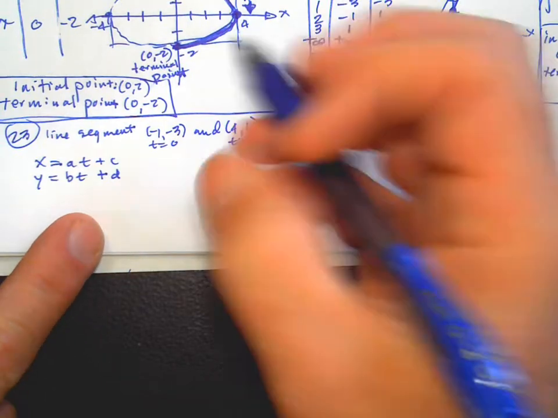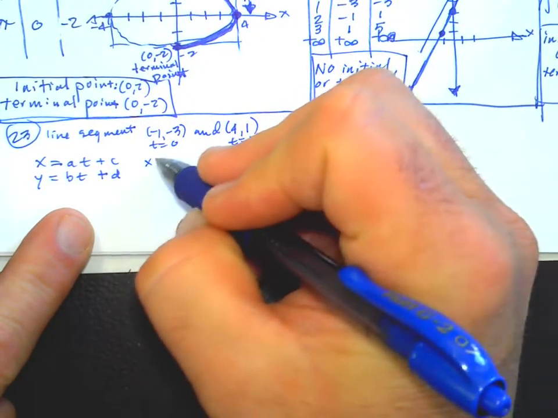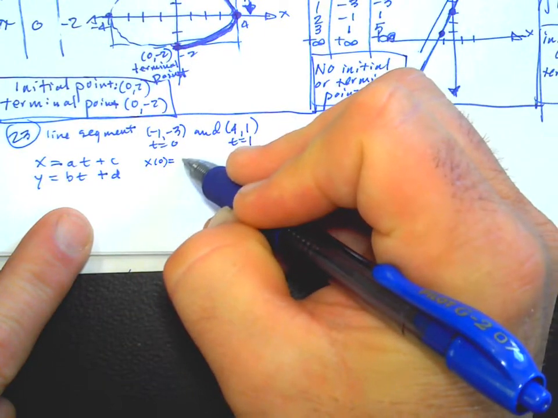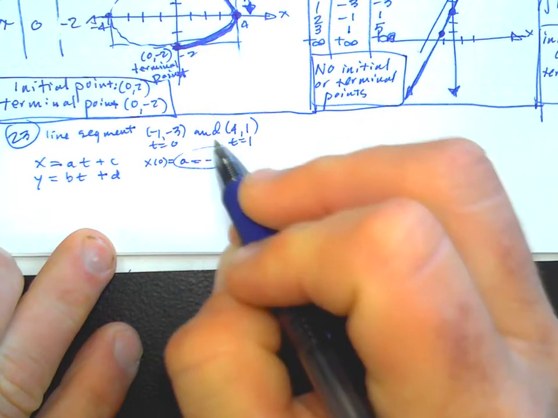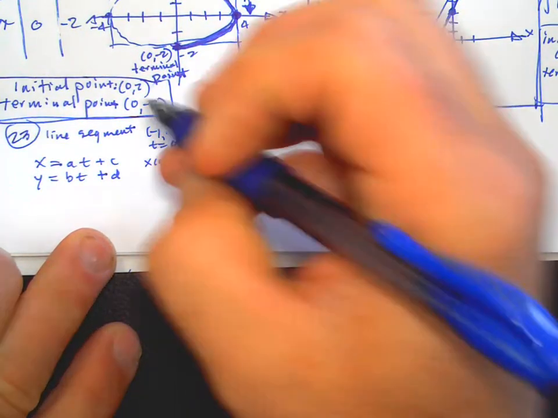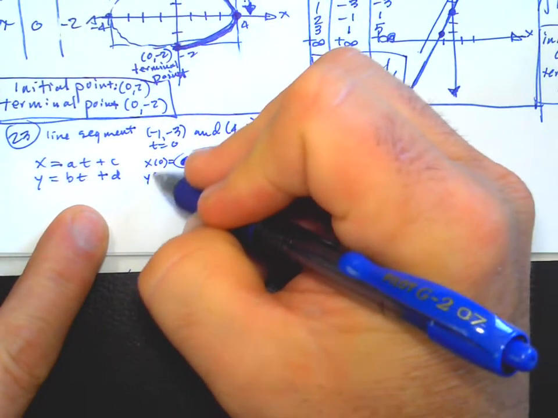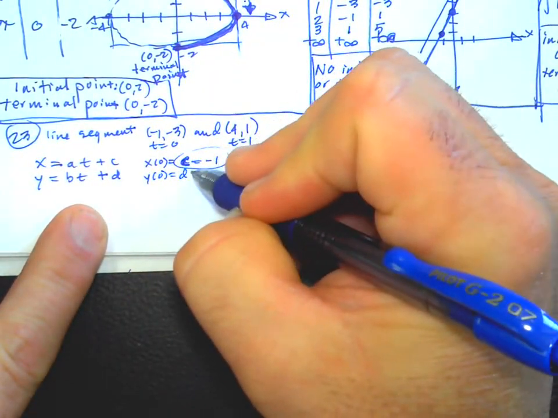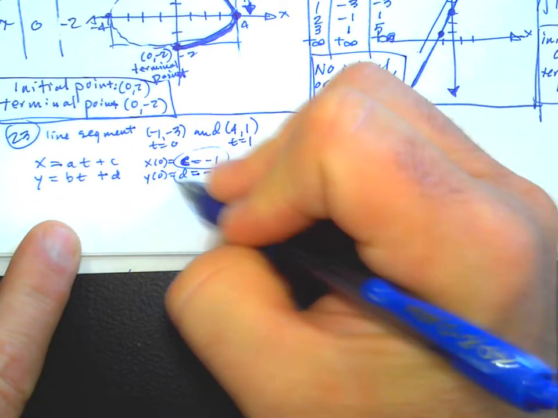So we're going to use time 0 first, probably. Time 0 gives you c, because the a term drops out, and it should equal -1. And then y0 just equals d, and that should be the y value there, -3.